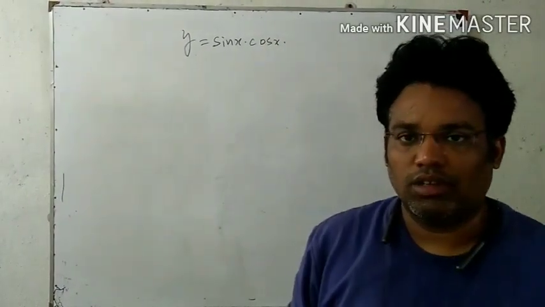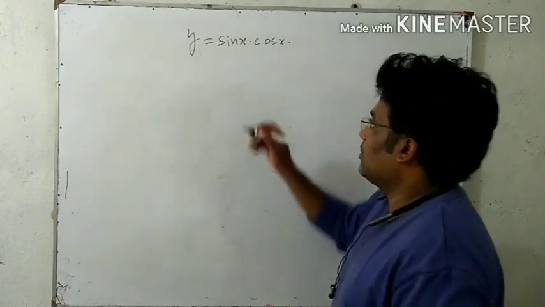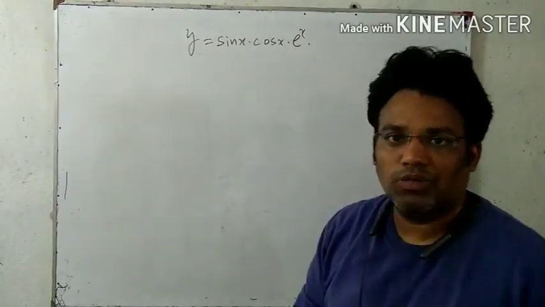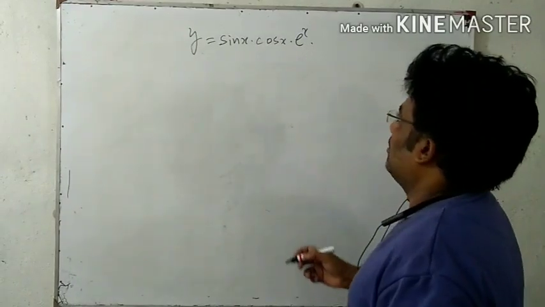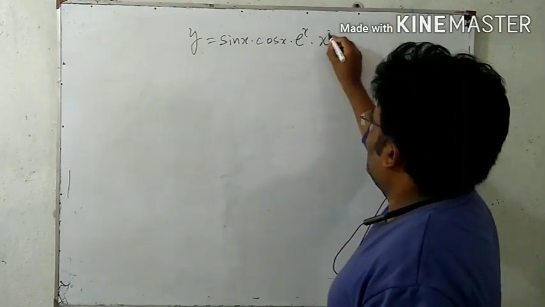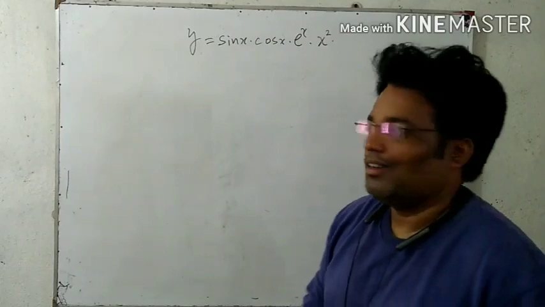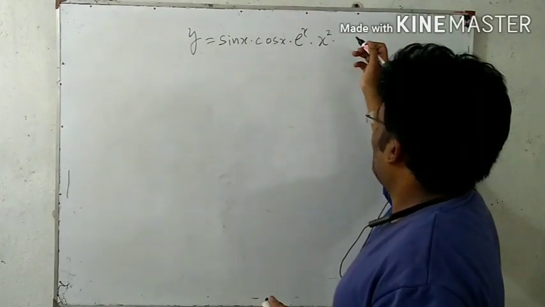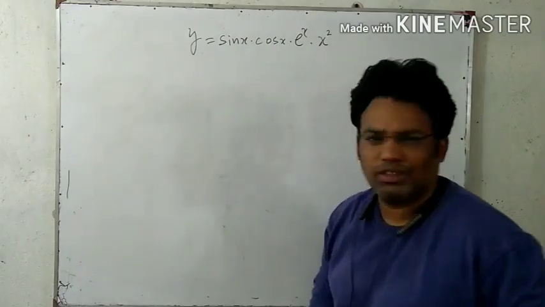The problem comes whenever we have something like sin x into cos x into e power x into x square, a product of 4 terms.